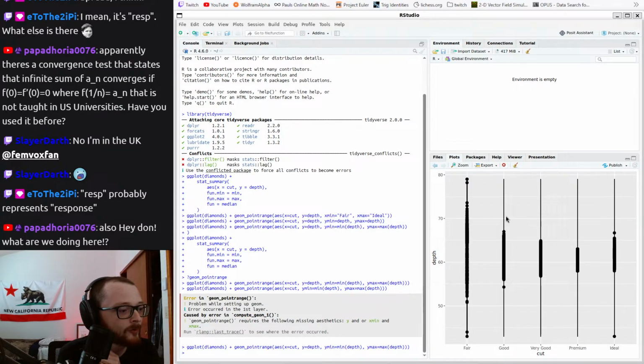Papadoria, apparently there's a convergence test that states the infinite sum of a sub n converges if f sub 0 equals f prime 0 equals 0, where f of 1 over n equals a sub n. What? I have never heard of that test. I'm trying to learn R with tidyverse, and I'm currently struggling with ggplot.